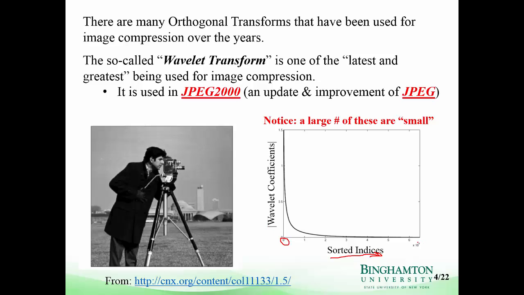And so you can see that we're going from 0 all the way up to a little bit more than 6 times 10 to the 4th. So that's 60,000. I don't know how many pixels there were in this, but there's going to be as many pixels as there are wavelet coefficients. So it looked like there's something like maybe 65 or so thousand pixels.